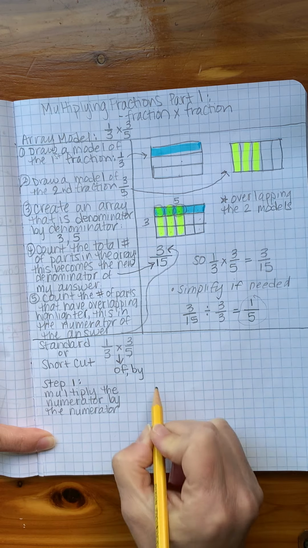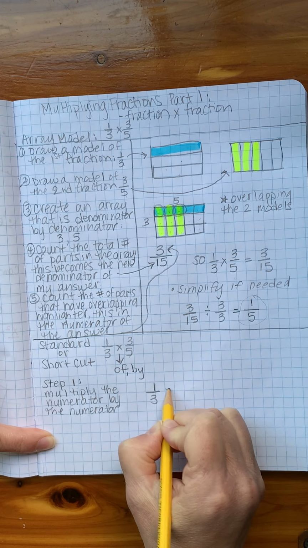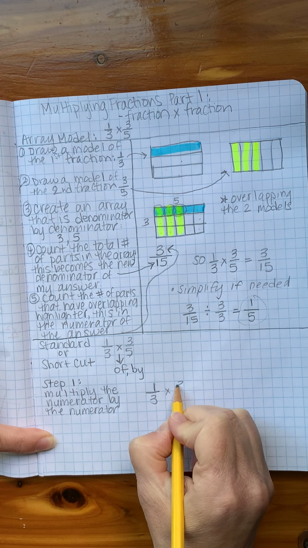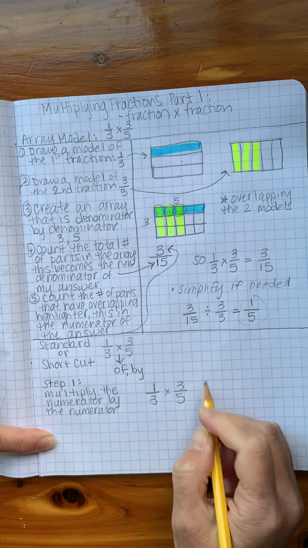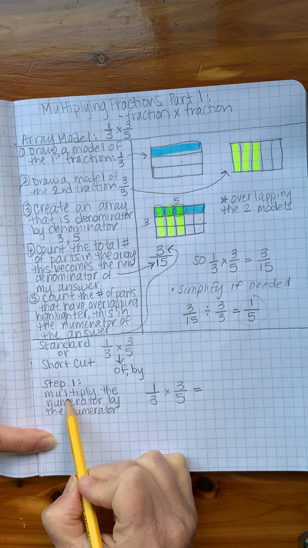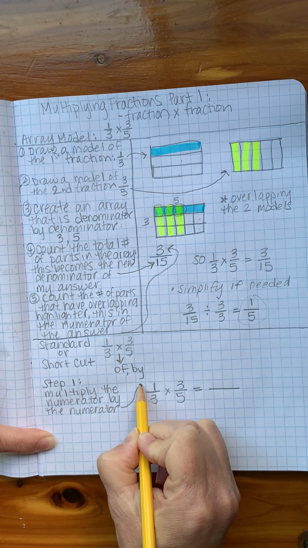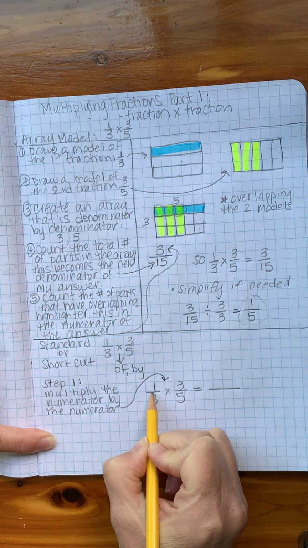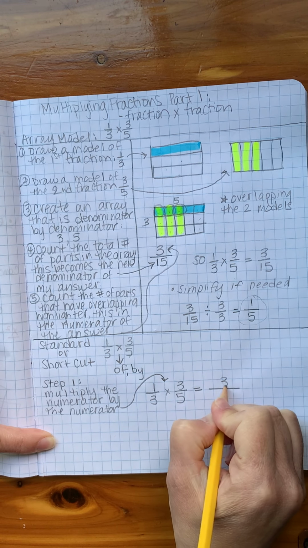And so I'm going to set this up right here. Our problem is 1/3 times 3/5, and if I multiply the numerator by the numerator, that happens right here. 1 times 3 equals 3.